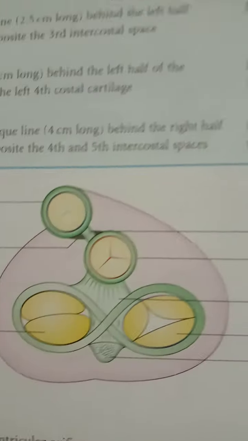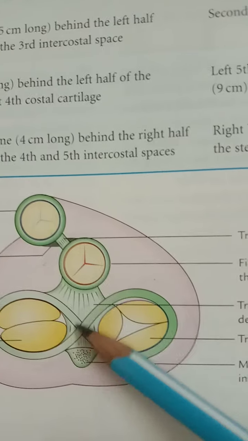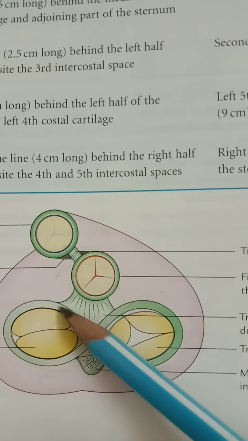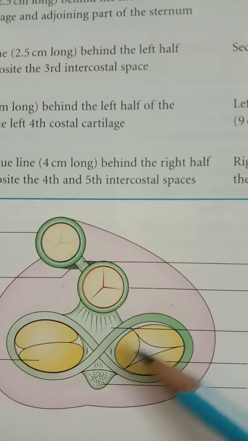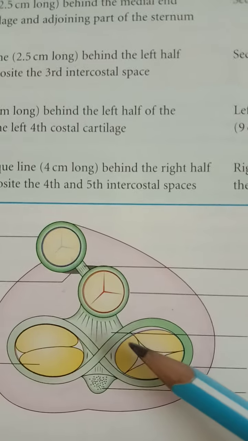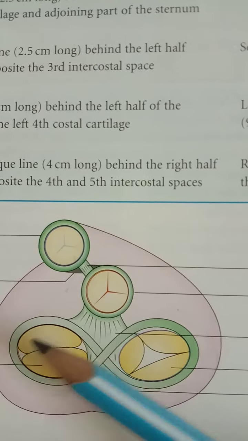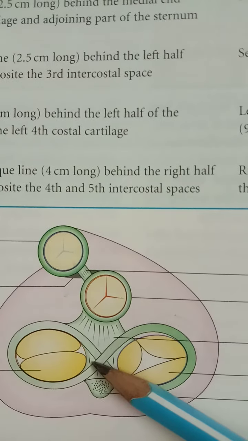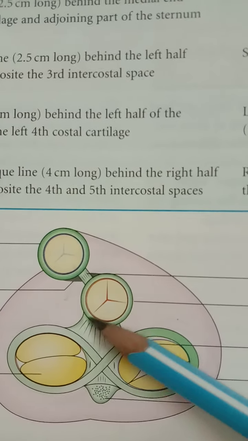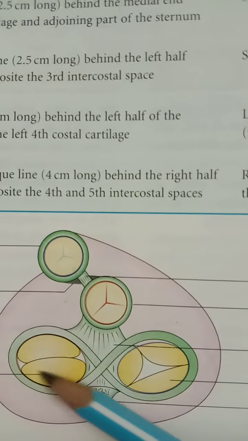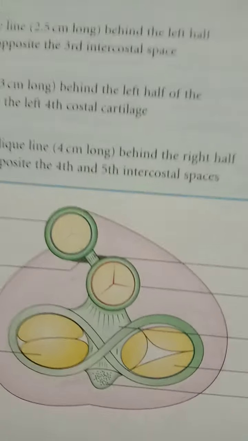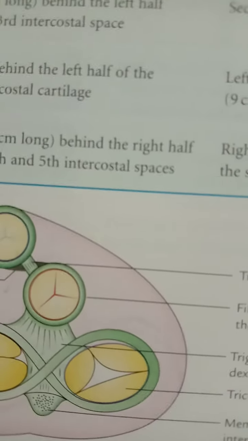The ring around the openings is called the atrioventricular fibrous ring.